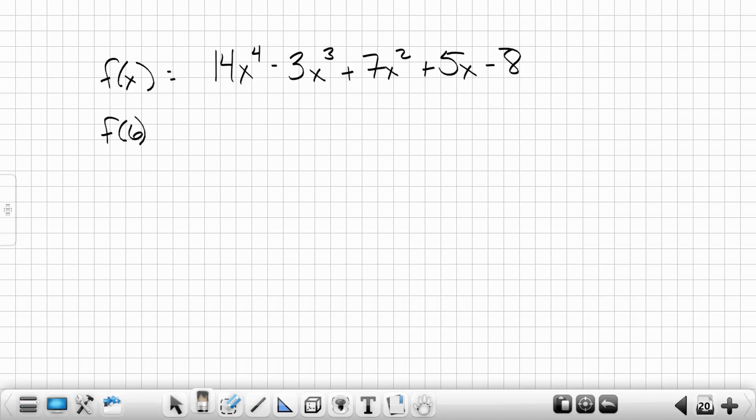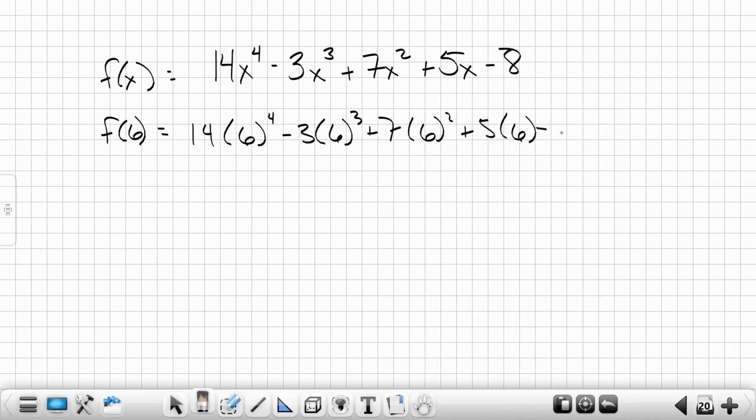What would I do? I'd go 14 times 6 to the 4th minus 3 times 6 cubed plus 7 times 6 squared plus 5 times 6 minus 8, and I'd have to solve that. So I'd get 1,296 times 14 minus 3 times 216 plus 7 times 36 plus 5 times 6 minus 8. And then I'd have to solve all that, right?